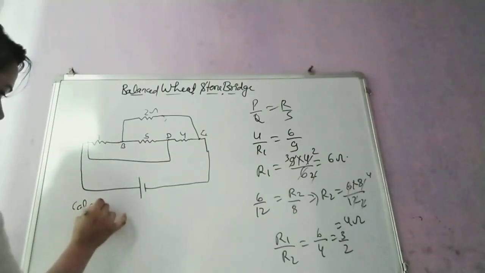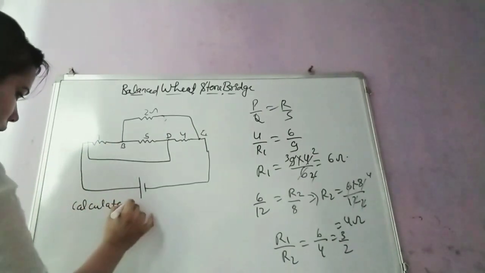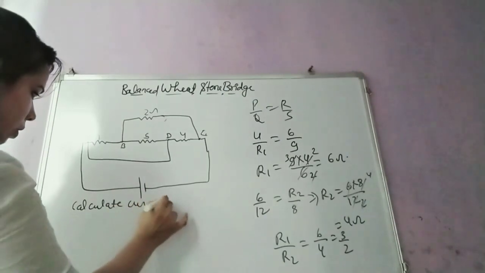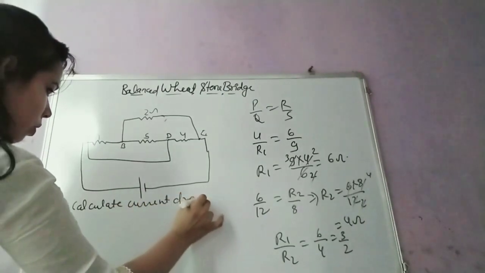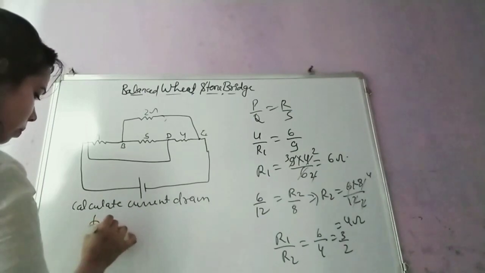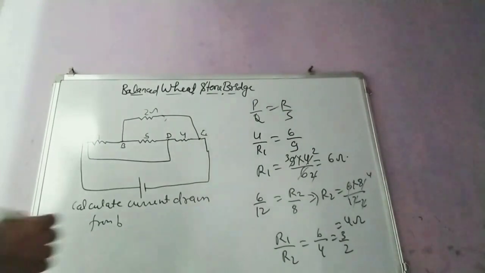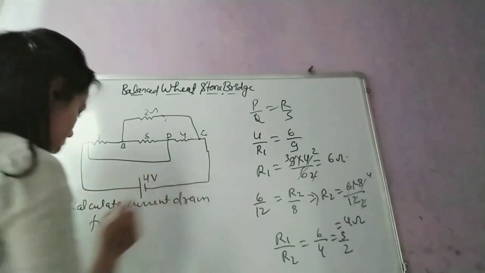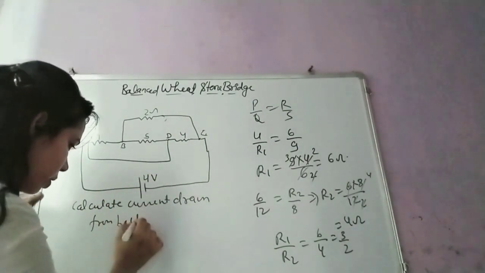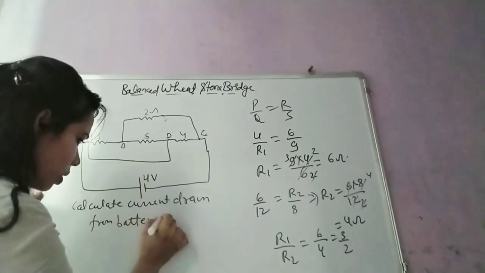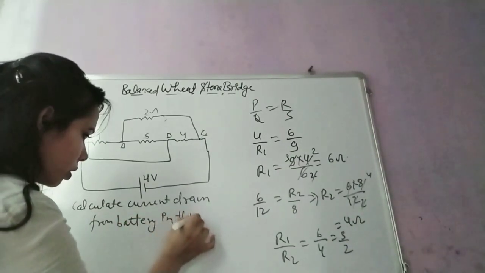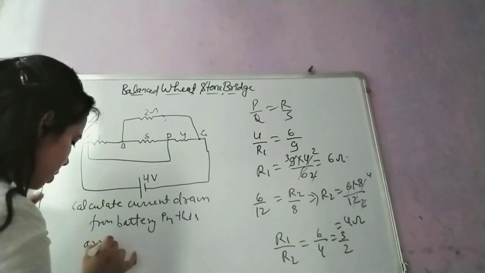Calculate current drawn from battery. Battery is 4 volt. Okay, battery is 4 volt. Drawn from battery in this arrangement.